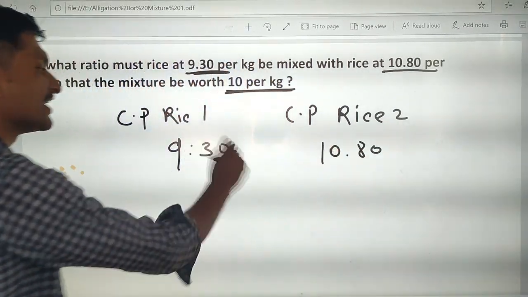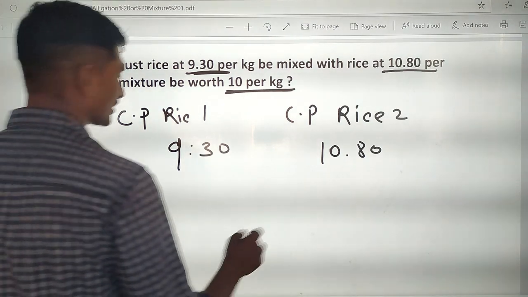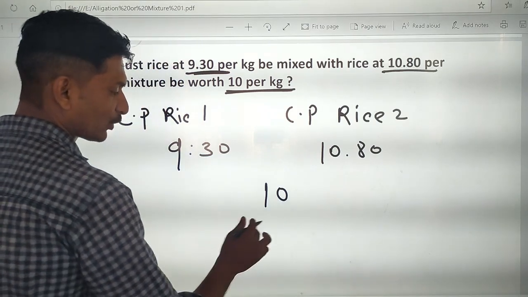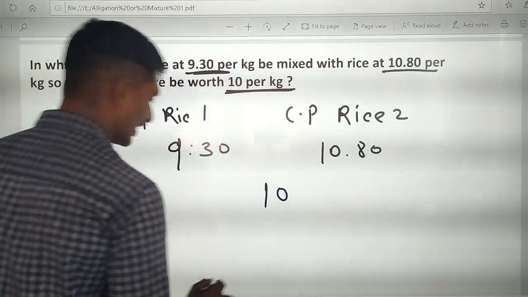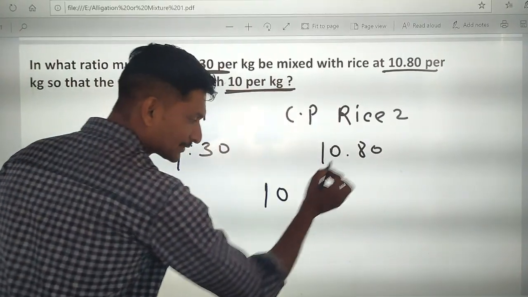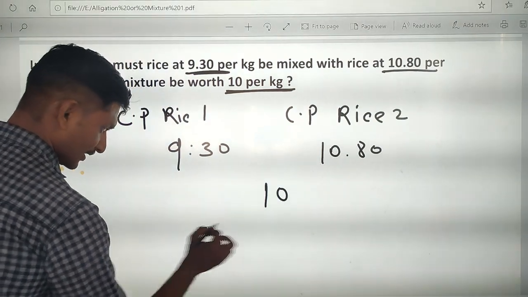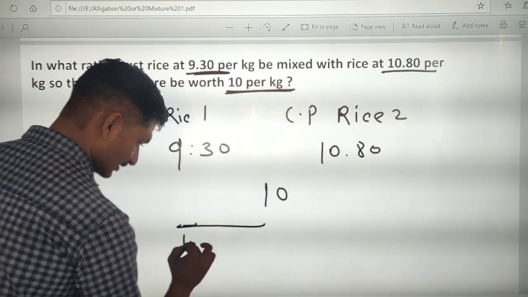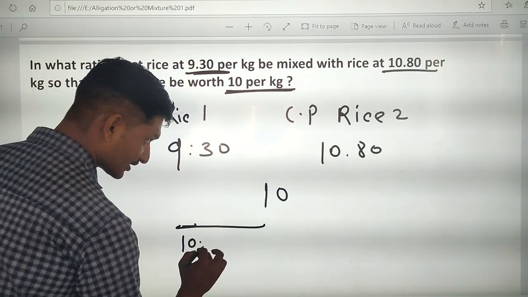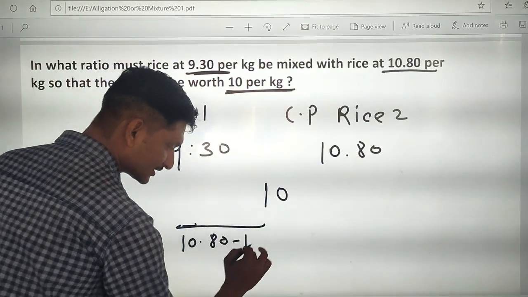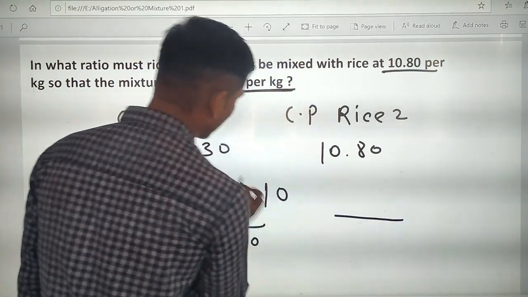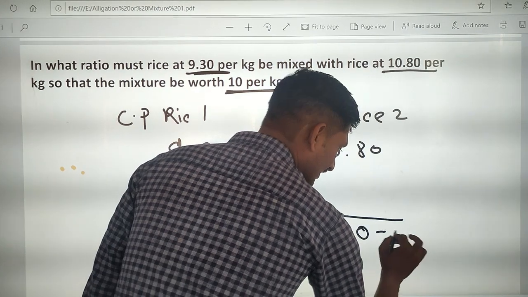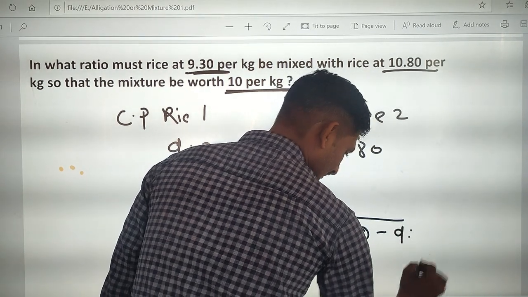Here two rice are mixed and their mixture is sold at 10 rupees per kg. Now here we write the subtraction of this: 10.80 minus 10, and here we write the subtraction of this: 10 minus 9.30.